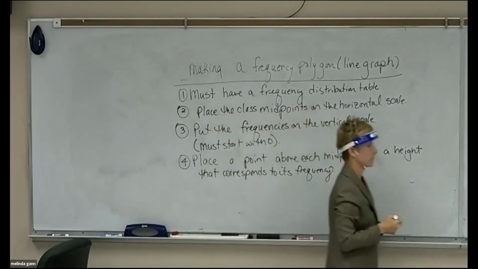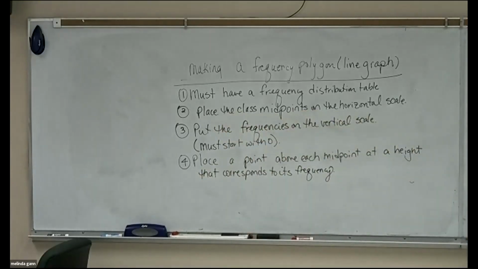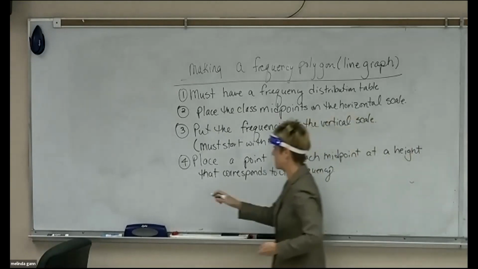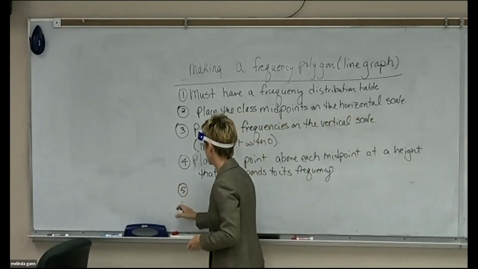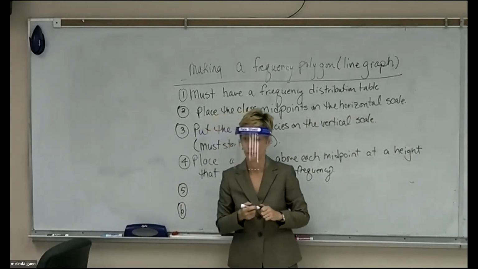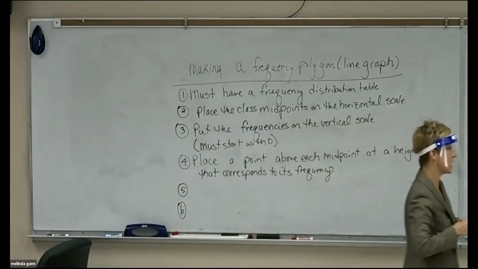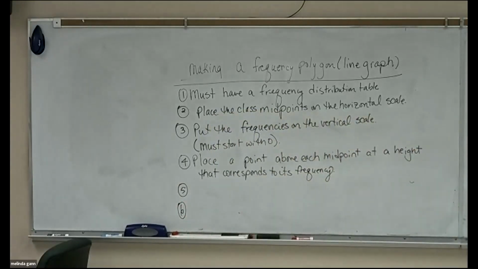So you're going to place a point or a dot, whichever makes more sense to you, above each midpoint at a height that corresponds to its frequency. Now, there are going to be 2 more steps. So there's going to be a step 5 and a step 6 that I'll let you fill in when we do this one real quick. Go ahead and have them kind of written down there.